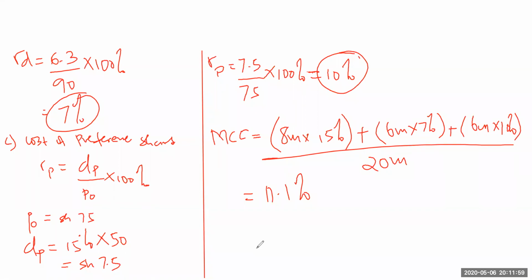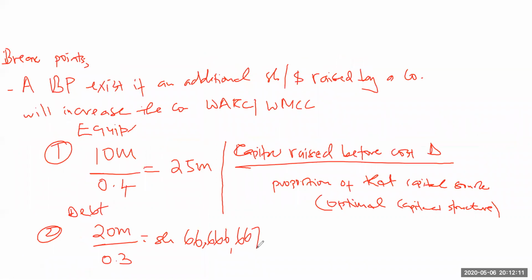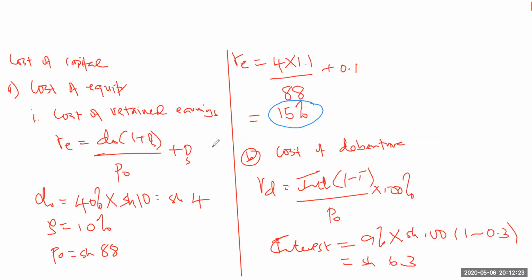Any finance you're going to raise between zero and 25 million, don't forget 25 million is the total capital to be raised, the cost to the company will be equal to 11.1%.